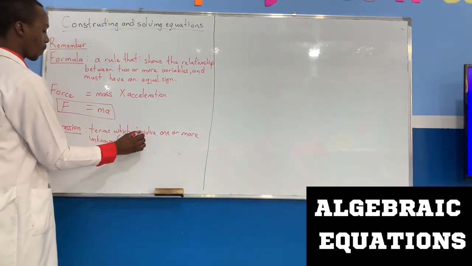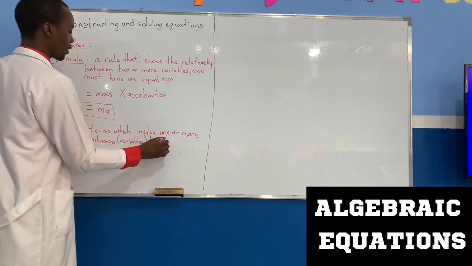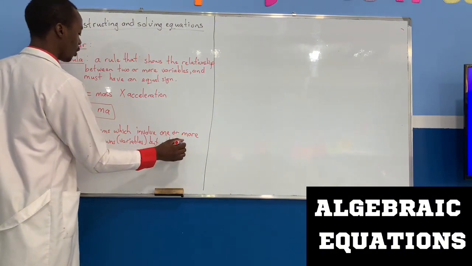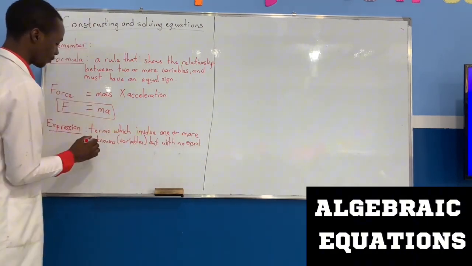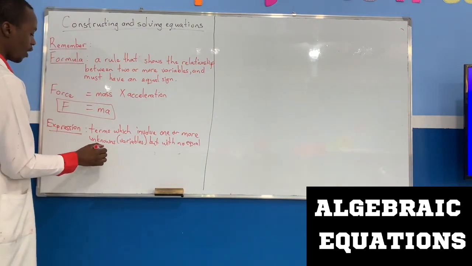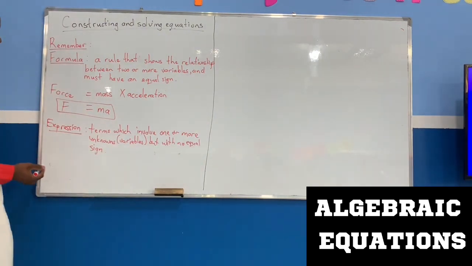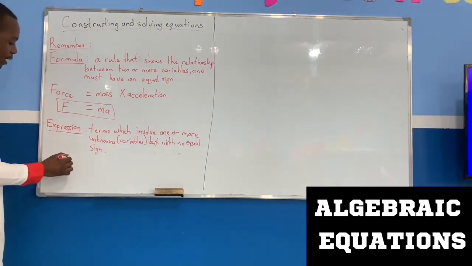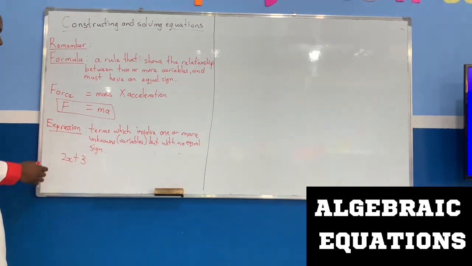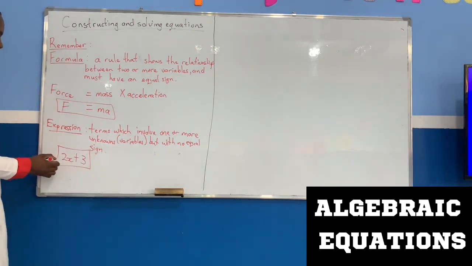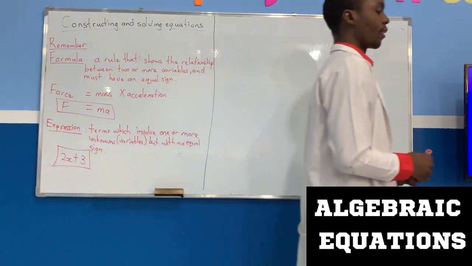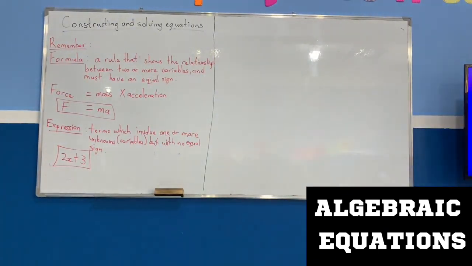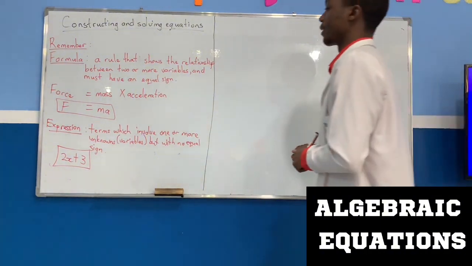So an expression is just any general statement: a squared plus 2b, 3x minus 7, 2x plus 1, or the one which I'm going to write here, 2x plus 3. This is an example of an expression. It has one unknown term, which is x, and another term, 3, which is a constant.